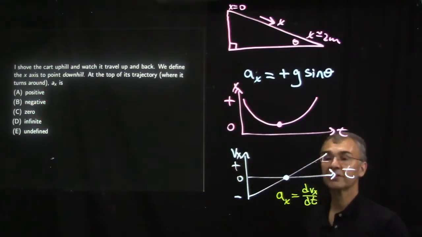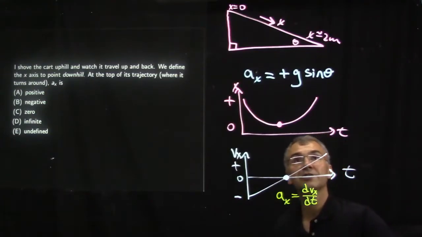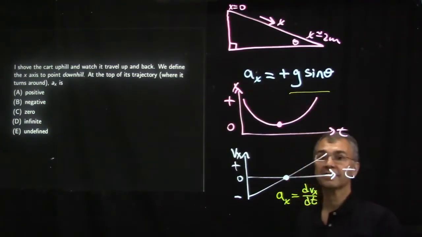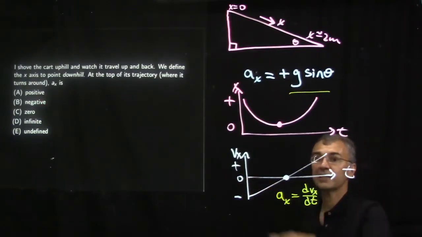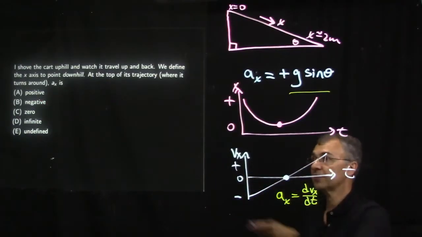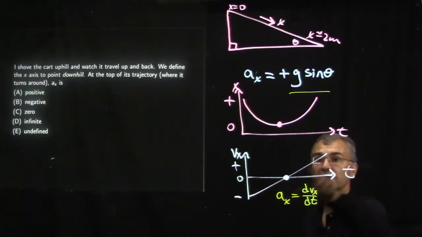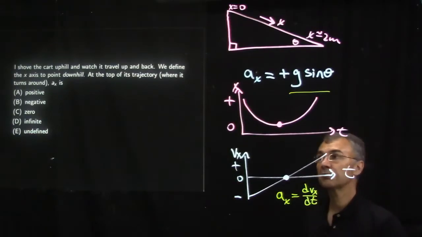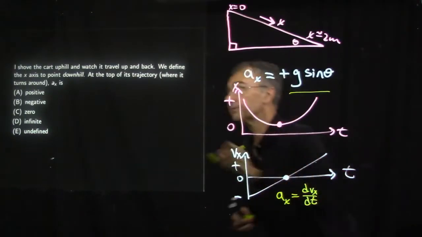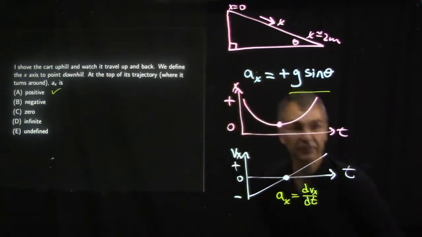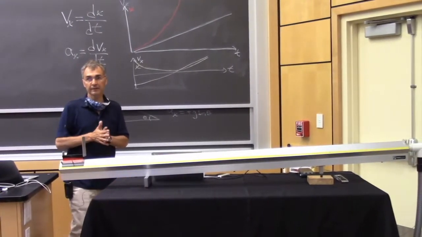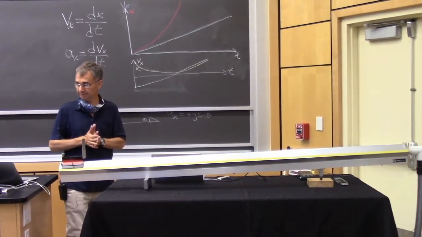So a sub x is still positive g sine theta at that instant. So I think, yeah, it's not negative because this is a positive slope. It's not 0 because this is a positive slope. It's not infinite or undefined. I think it's positive. So a sub x is positive. So I think I like this answer. And then let's watch the graphs one more time.